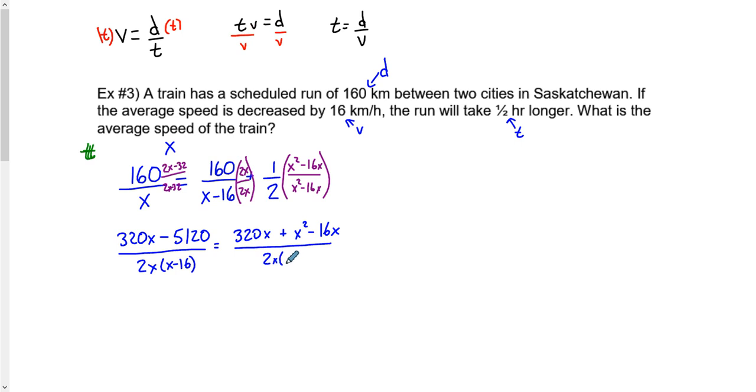My denominators are all good. And then we do some manipulation. So we subtract the 320x and add the 5120. So we have 0 equals x squared subtracting the 16x, adding a 5120, all over a 2x, x subtract 16.